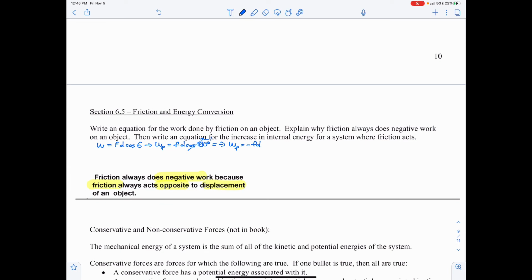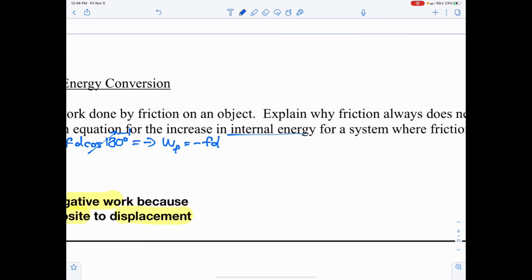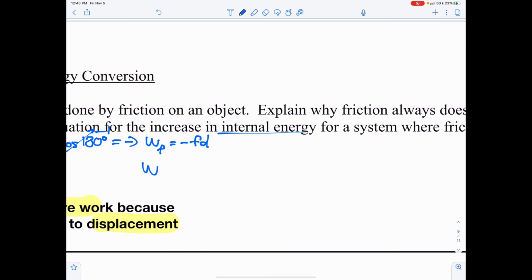Now, how else could we write this to show an increase in internal energy? Well, work is also a change in energy. So we could write this to show that the loss in mechanical energy due to friction is the increase in internal energy. The work that contributed to the loss of mechanical energy by friction is contributing to an increase in thermal energy, or internal energy.